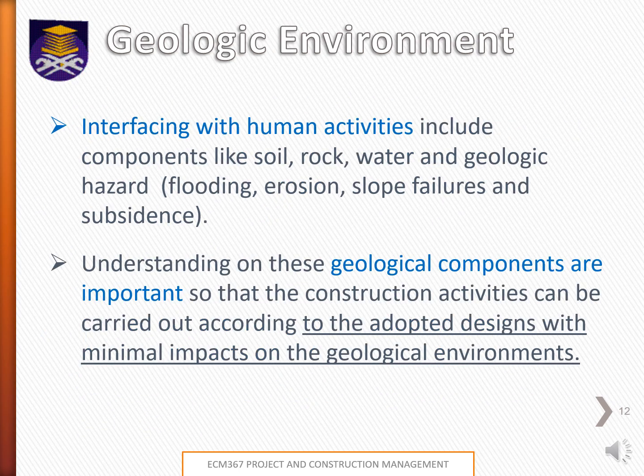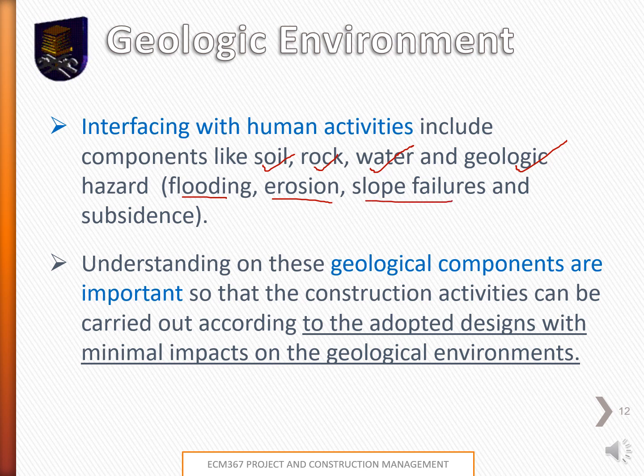In general, human activities during the construction stage deal with components such as soil, rock, and water table, and are prone to create geological hazards such as flooding, soil erosion, and slope failure.